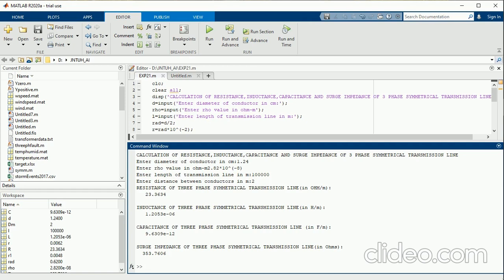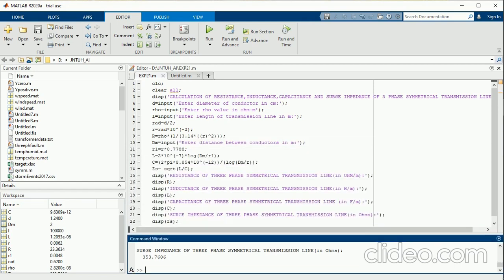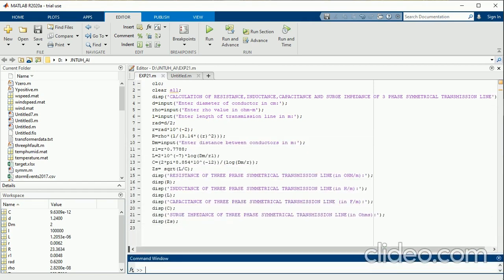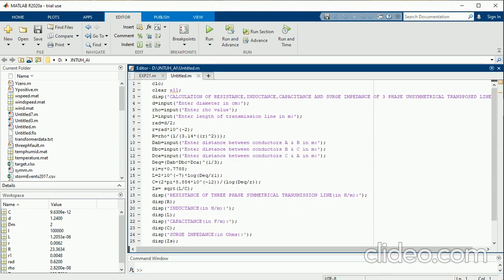Okay, so now I go for the unsymmetrical. So please observe these lines of code. Apart from 4 lines of code, all the lines of the code are the same. I'm just going through it.